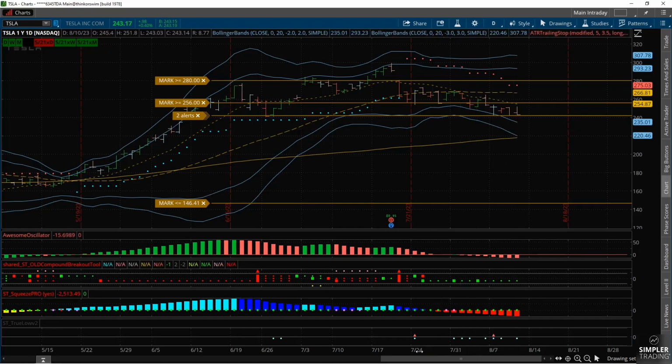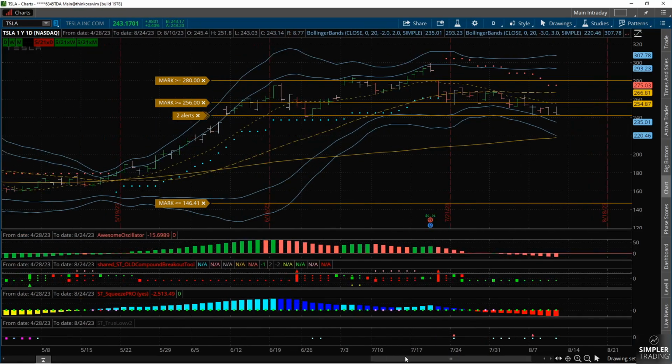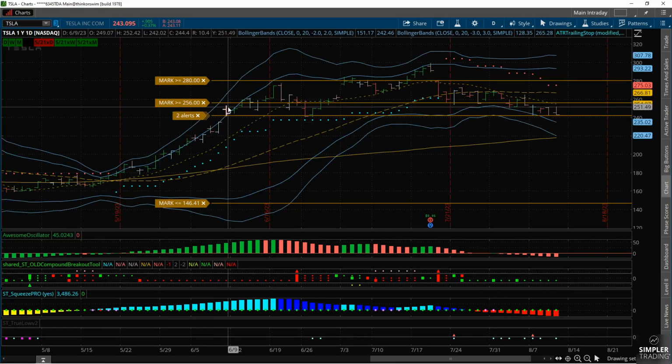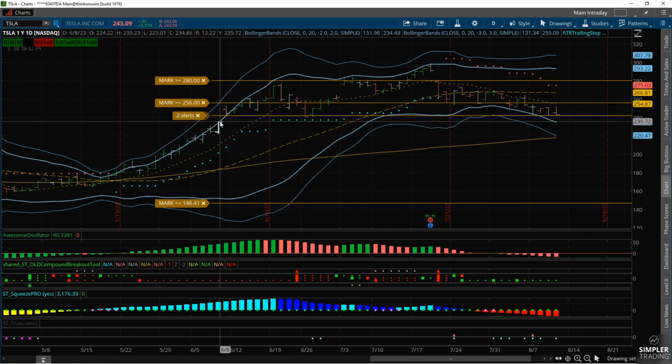Another reason why I like this, and maybe a target to have to the downside, is the gap move that we made back on June 8th. On June 8th, we had a high of 235.23, and then we had a gap higher, and this gap has not filled itself.